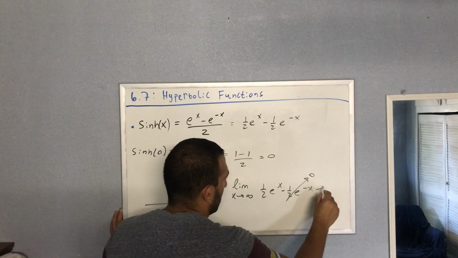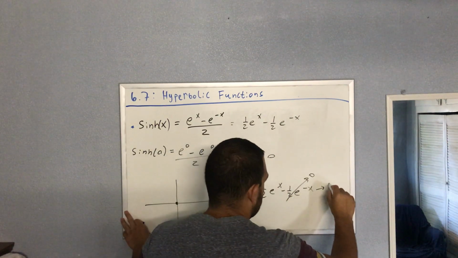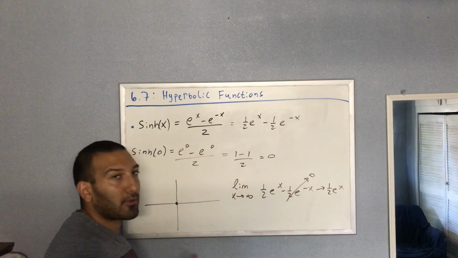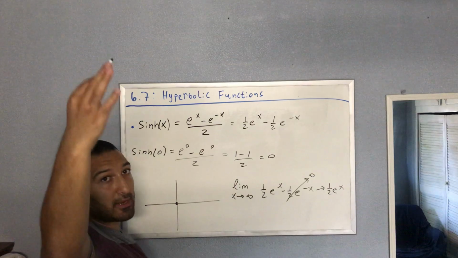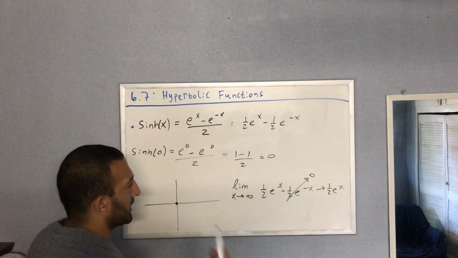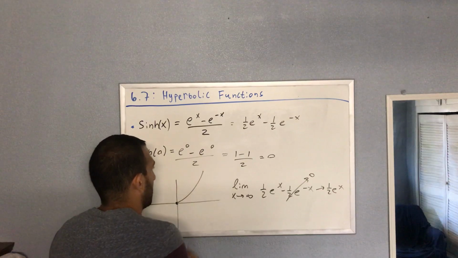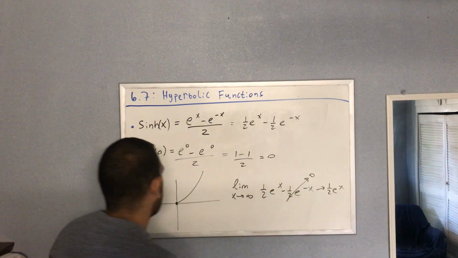So this is going to approach essentially what the function 1/2 e to the x looks like for large values, which gets very large, but it roughly looks like that function. So it looks like this for large values, like 1/2 e to the x.